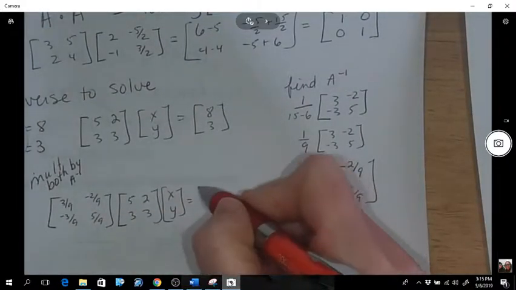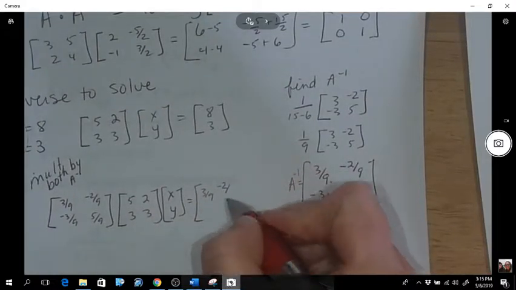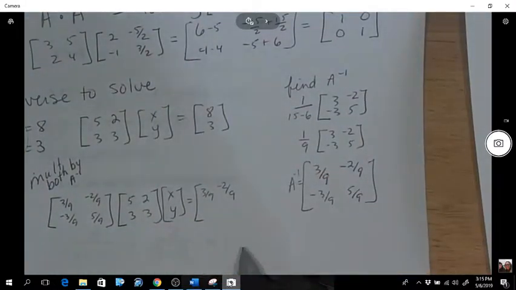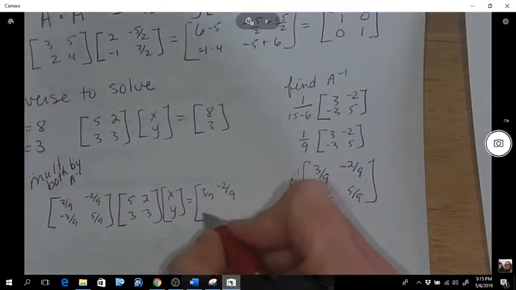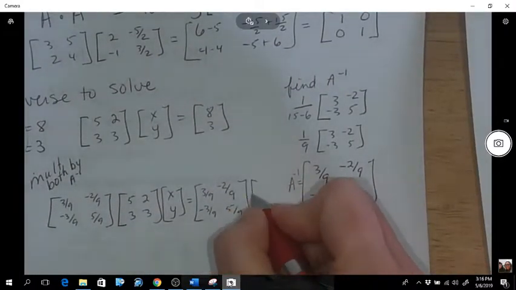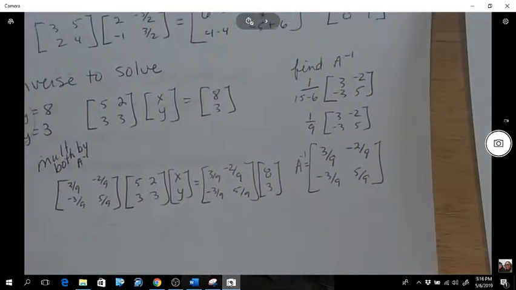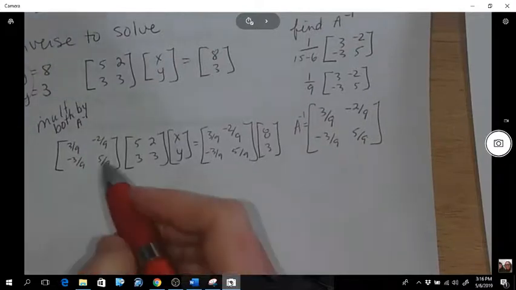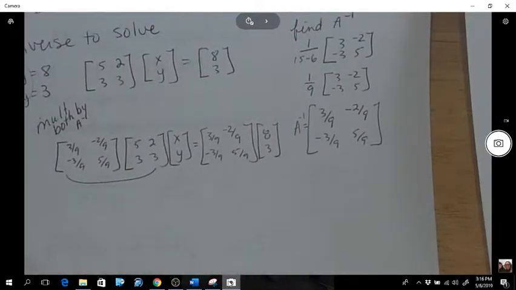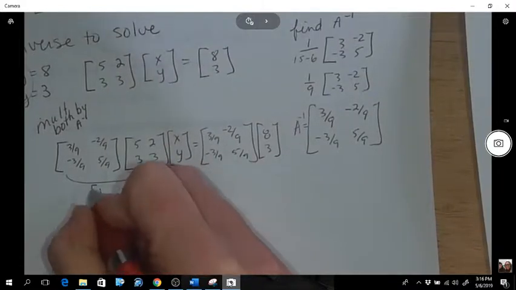Now it's important on this side that I do the inverse first, because I need a 2 by 2 multiplied by a 2 by 1, or else it won't work the other way. That's all I did. It's algebra. Those are the inverses of each other, so we know they're going to equal the identity matrix.